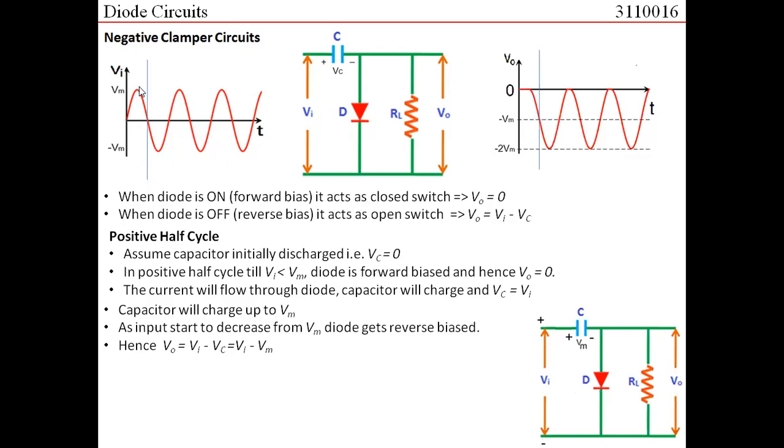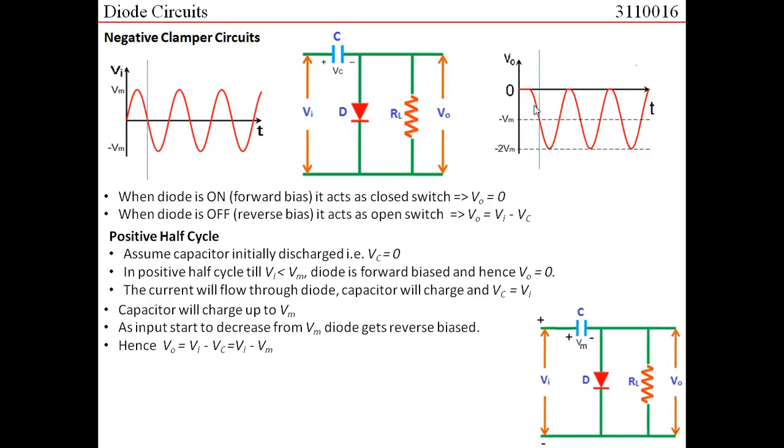From 0 to say 90 degrees, the output voltage would be 0 because the diode is on and the capacitor is charging. From 90 to 180 degrees, my output voltage would be equal to Vin minus Vm.